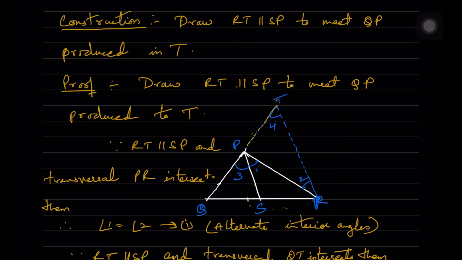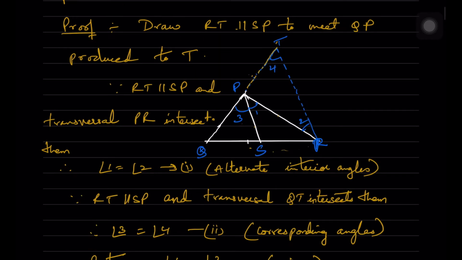Since RT is parallel to SP and transversal PR intersects them, angle 1 and angle 2 are alternate interior angles. You can see obviously from here that this angle and this angle are alternate interior angles.